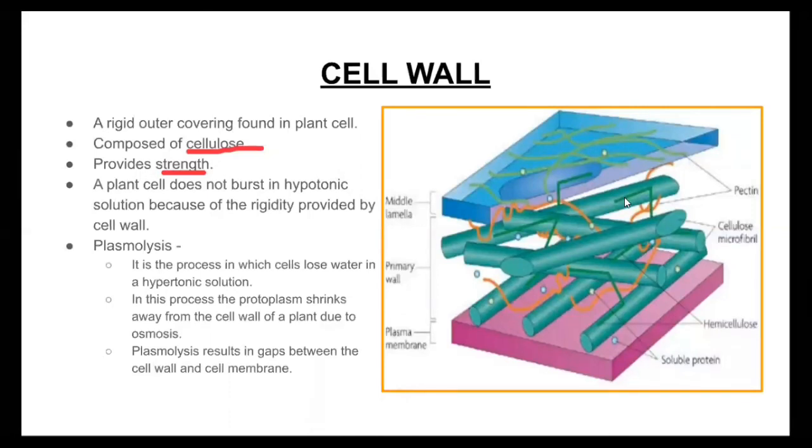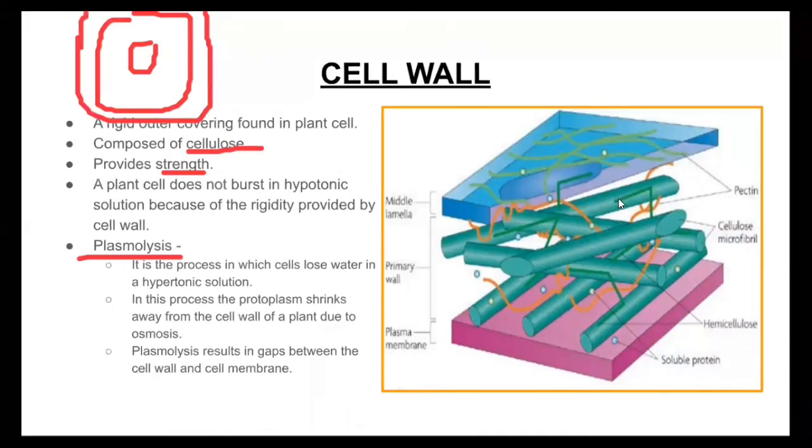Next is the plasmolysis, a very, very important topic related to the plant cells. Say, for example, this is a plant cell, and it has got a cell wall also. Right? Now, it is kept in a hypertonic solution. So, what will happen to this cell?